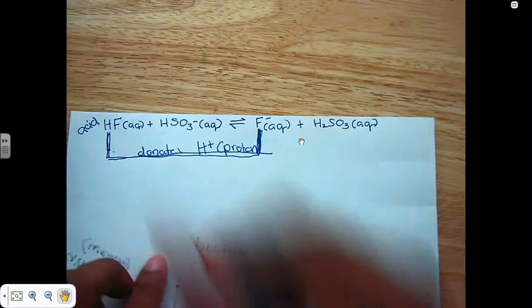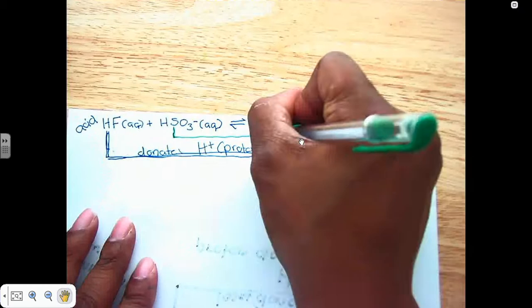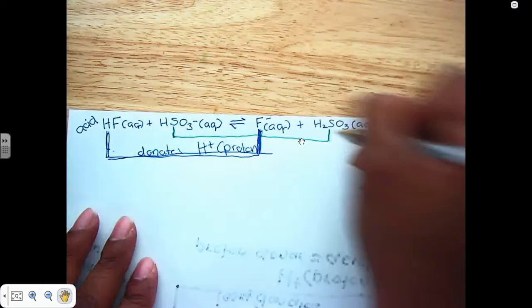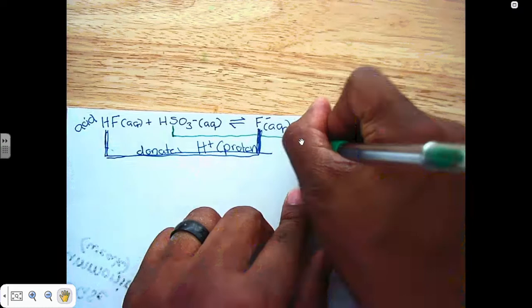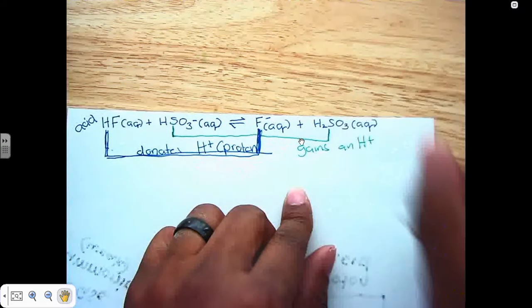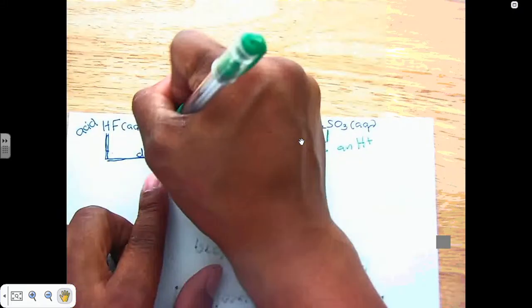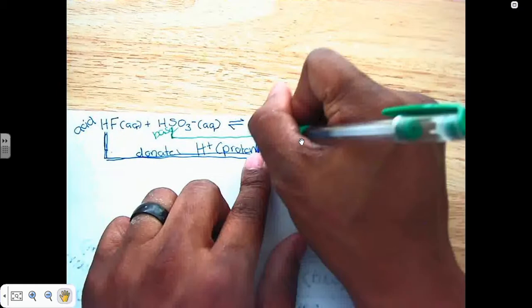So now, with this one, we have HSO3⁻, and comparing that to this one, it gains an H group. So that means this is a base. That means that this is a conjugate right here.